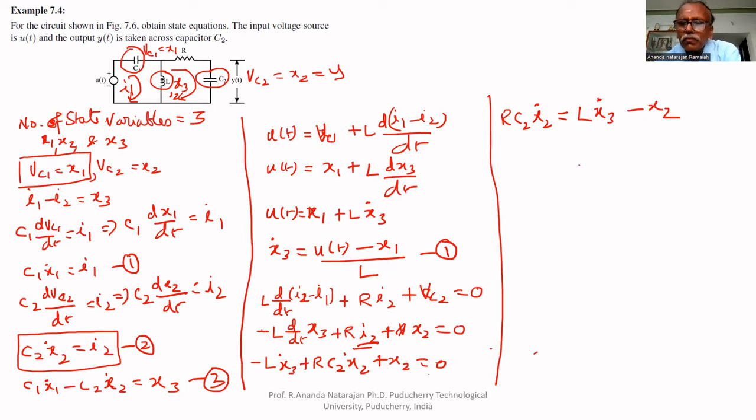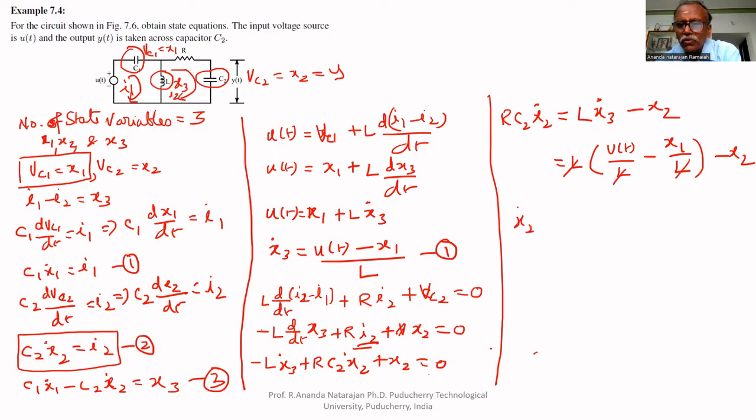Already we know the expression for x3 dot, that is u(t) divided by L minus x1 divided by L, minus x2. So this L gets cancelled.